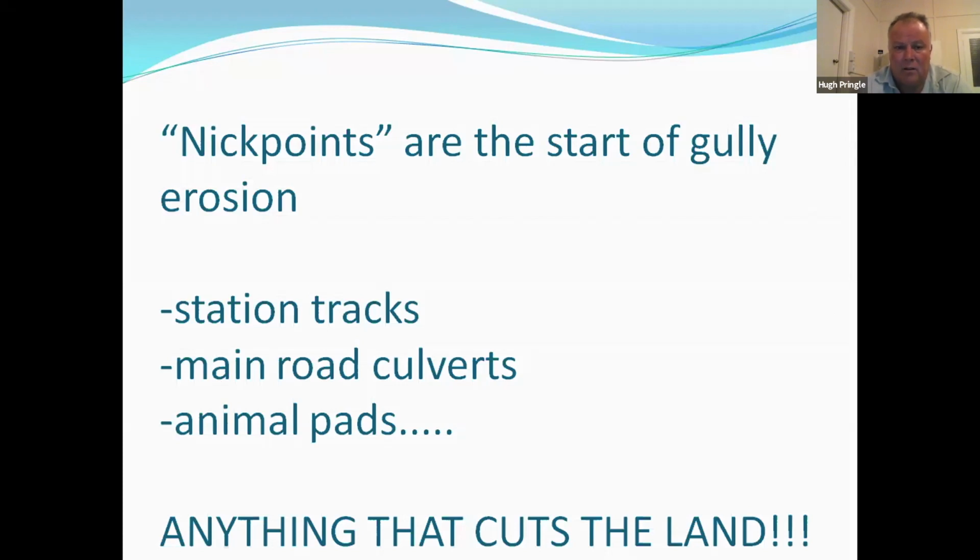Nick points are the start. So anywhere where the land is cut, station tracks, main road culverts, and I worked on one near Burketown, fixing that problem up. Animal pads, and Paul will talk a bit more about this, but anything that cuts the land surface and drops the base level initiates a gully.